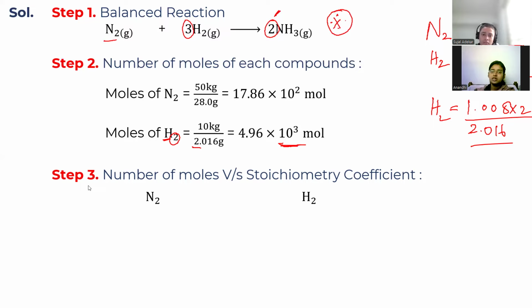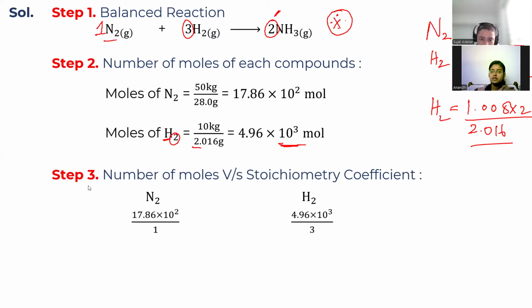For nitrogen it is 1. So just divide the moles by 1. In the same way for hydrogen, number of moles of hydrogen divided by the stoichiometric coefficient of hydrogen, which is 3. And if you divide these two, what will you get?